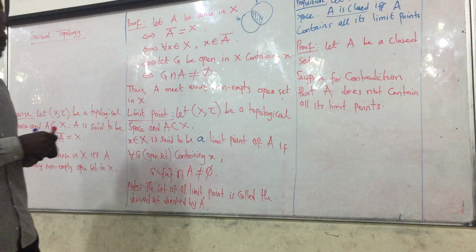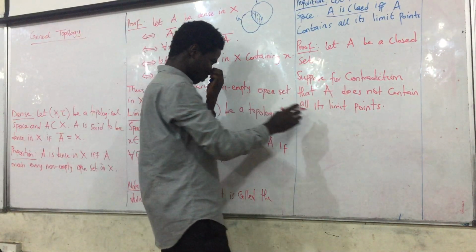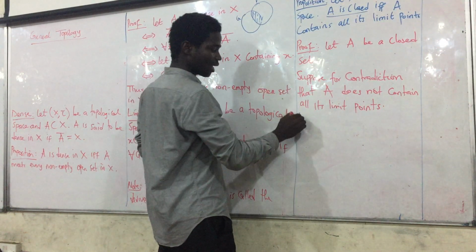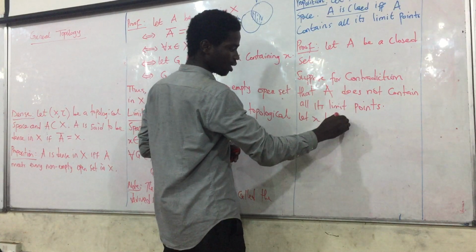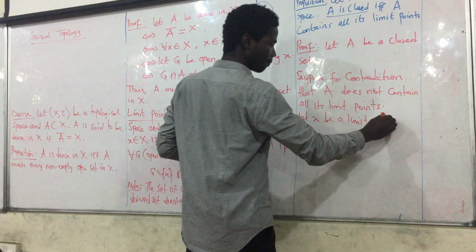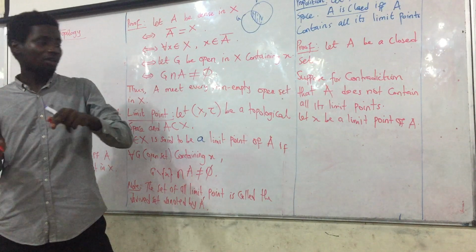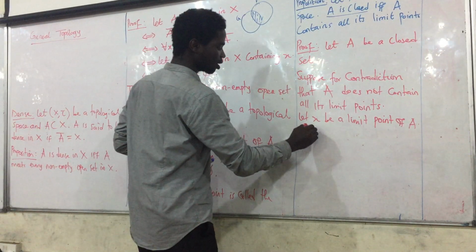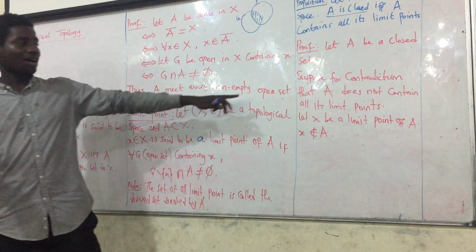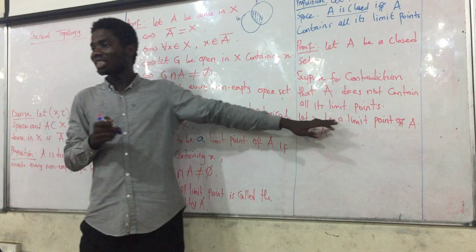What does that mean? It means that, let S be a limit point of A, right? Let S be a limit point of A. That means that S is not inside A. Because that's our assumption, that suppose for contradiction that A does not contain all its limit points.